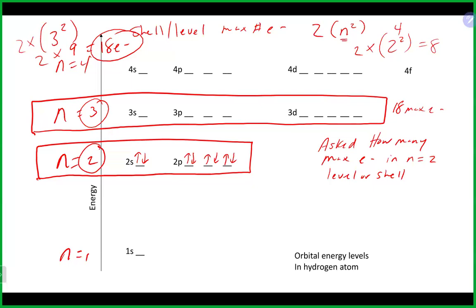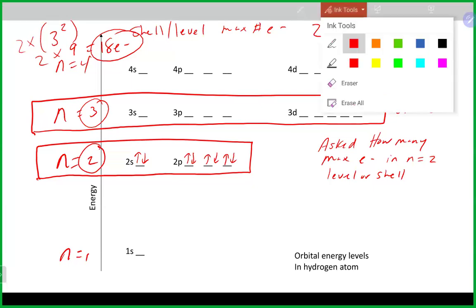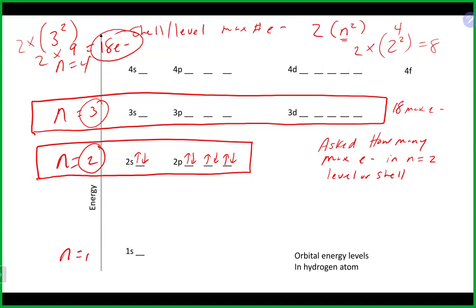The other terminology that we also talked about earlier is if you're asked about a subshell or sublevel, we're talking about something like this: a grouping of the same type of orbital on the same energy level where there's multiple orbitals. So d orbitals have 5 individual orbitals.